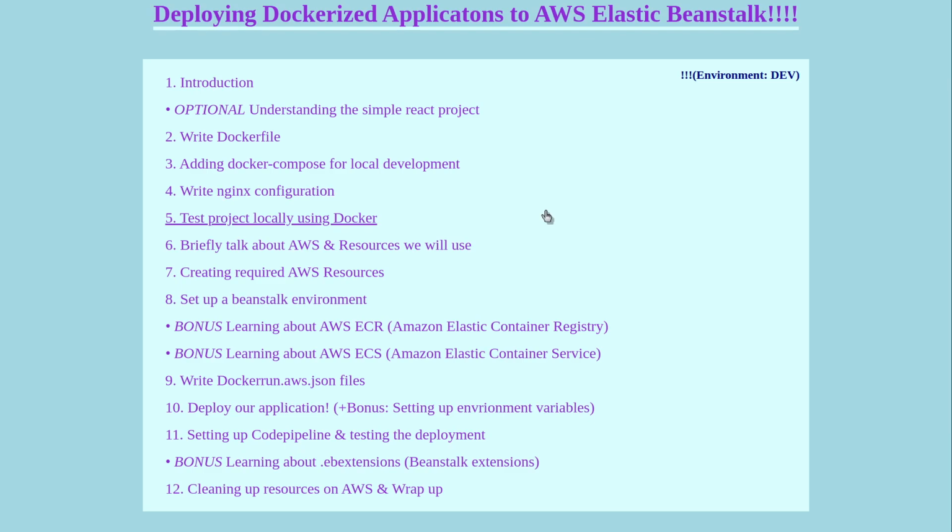Then coming into the bulk of this course, we will basically be talking about what AWS is, how it can provide you the services you need, and what resources we will use. To name some of the resources, obviously this is Elastic Beanstalk, so we would be using AWS Elastic Beanstalk, but in reality, a Dockerized application on AWS Elastic Beanstalk is behind the scenes running on something called ECS, which is AWS's Elastic Container Service.